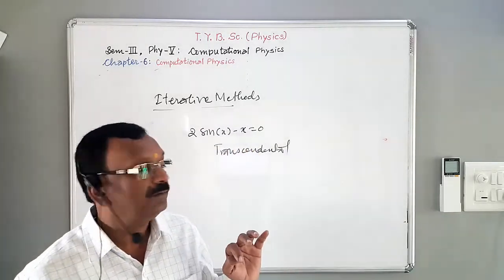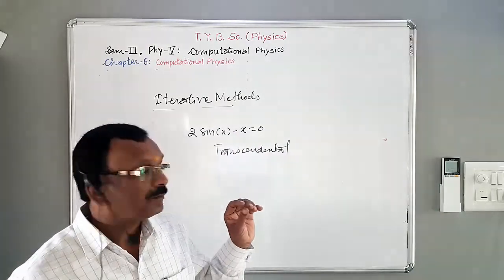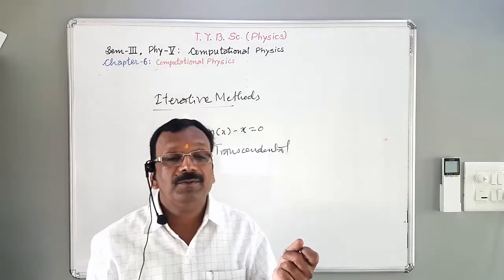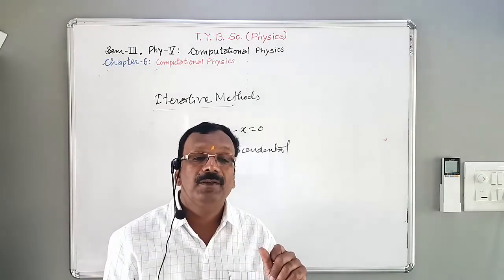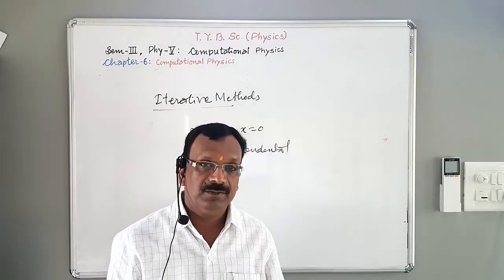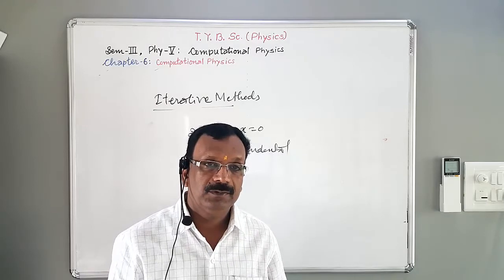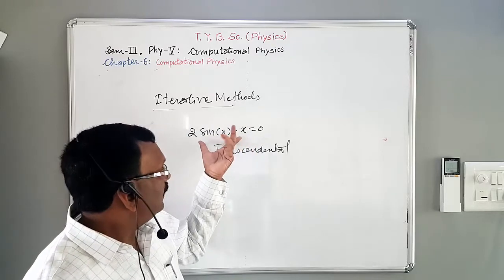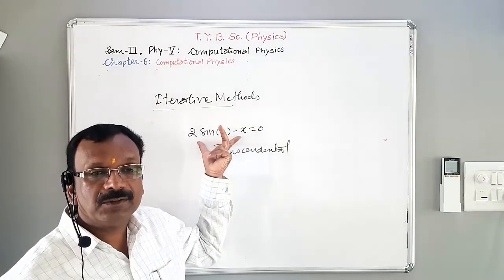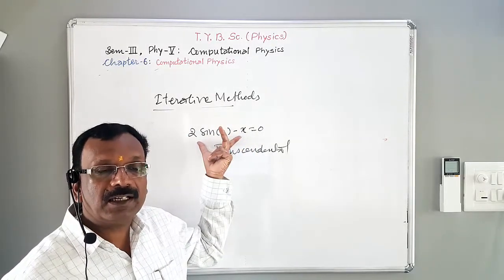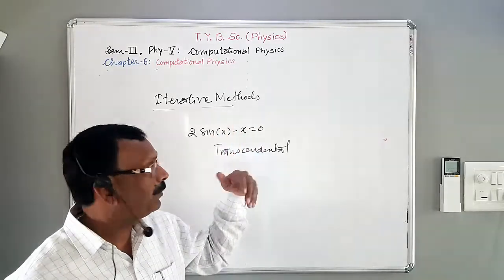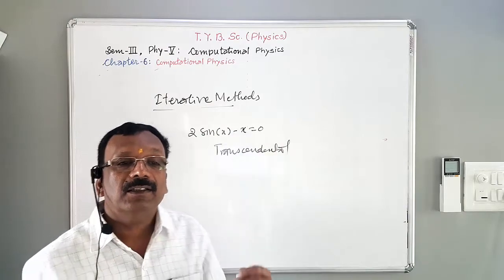The root of such a transcendental equation can be obtained by numerical methods. Or in other words, as these are not quadratic equations, these are transcendental equations, and their roots cannot be obtained by a direct analytical method.